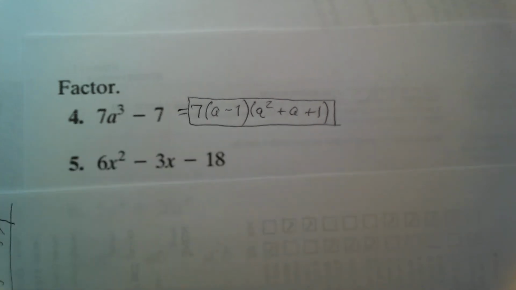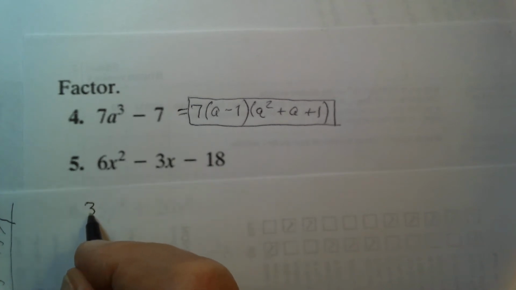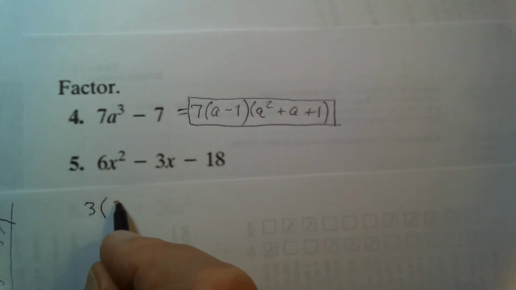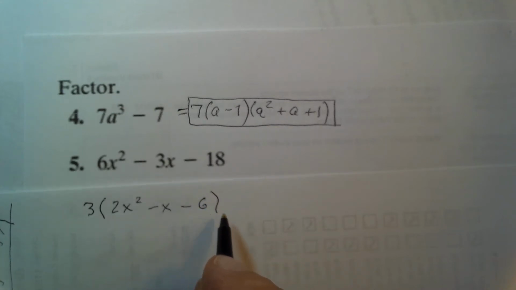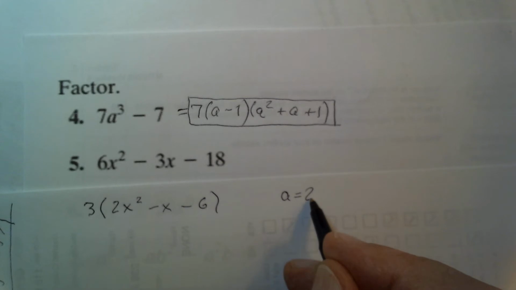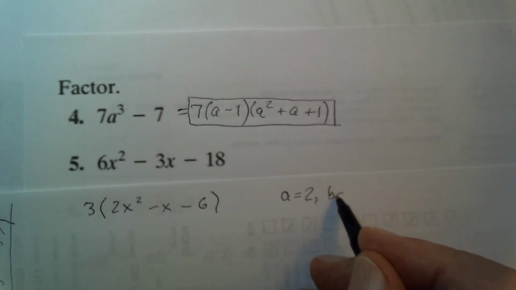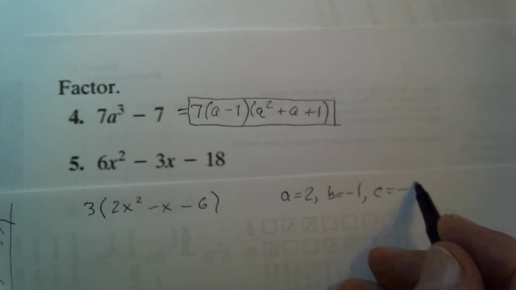So number 5, we realize that the greatest common factor for each of the coefficients is 3, so we can factor out a 3, and so we have 2x squared minus x minus 6. So here we have a trinomial, and if we use the AC method, a equals 2, b equals minus 1, and c equals minus 6.